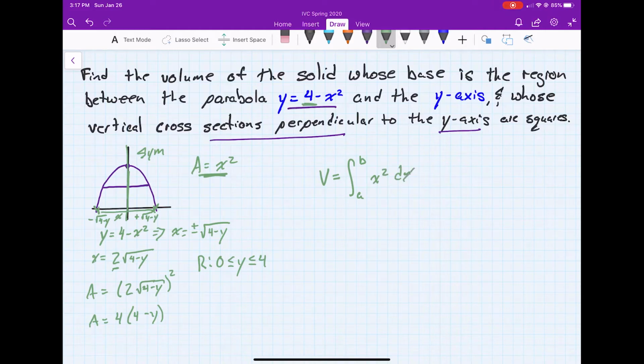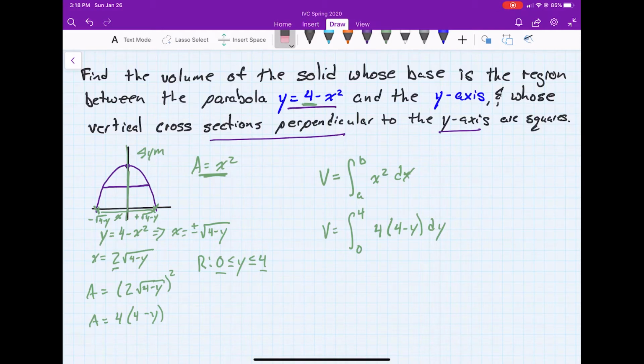If you were doing circles, it would be pi r squared, whatever the area of a circle is, so you'd insert that there. So our volume is the integral from 0 to 4, because we found that here and here. I already squared it, so I'm just going to put in what I squared, which was 4 times quantity 4 minus y, and it's dy, because we're working with y here.